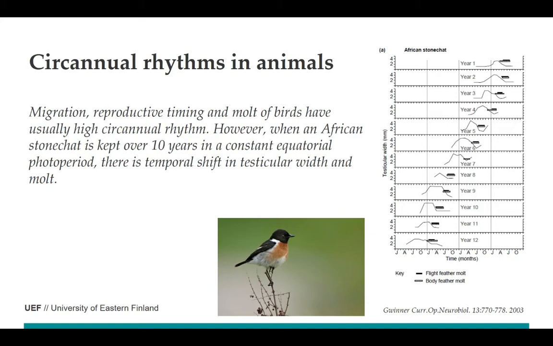So it starts shifting, or it shifts all the time. And that's why during year 12, it has shifted over 3 years. So there is a temporal shift in testicular weight and the moult. This indicates that, besides the circadian rhythm, there's also a circannual rhythm, but this calendar is not very good.